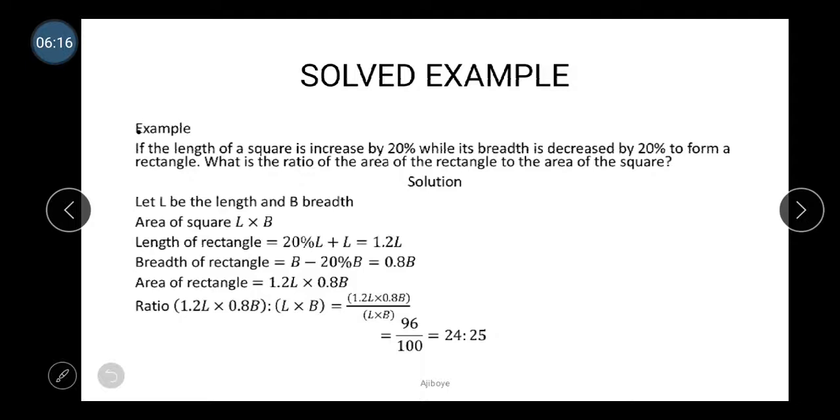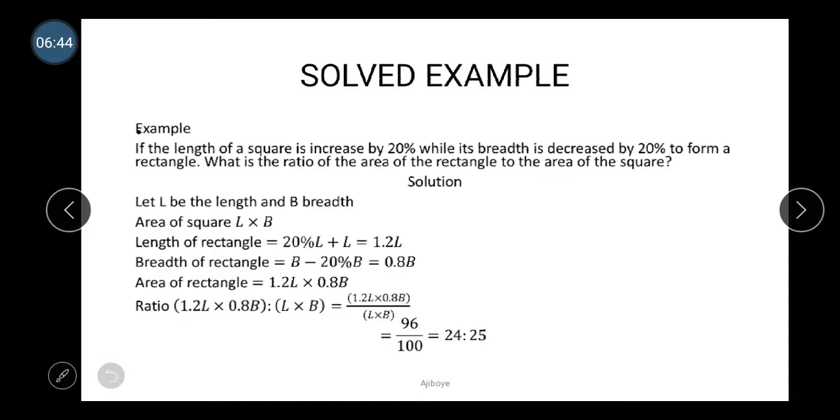Now, the length of the rectangle that is formed by the increase of 20% would be 20% of L plus L. That's how to do increase in percentage. So 20% of L is 0.2L, plus L, that will give us 1.2L, having converted the 20% to decimal.